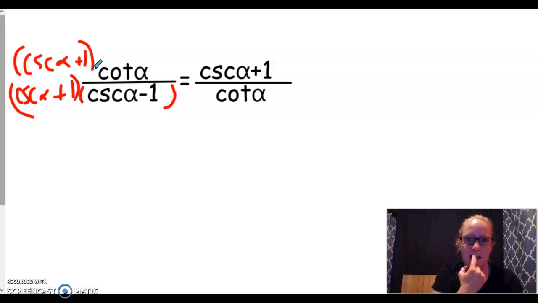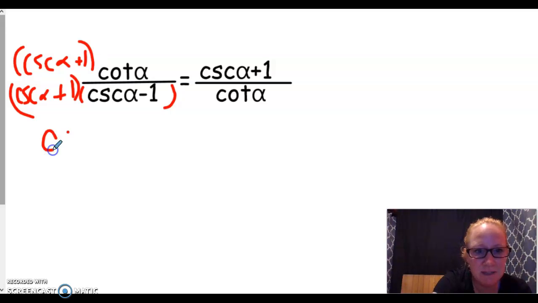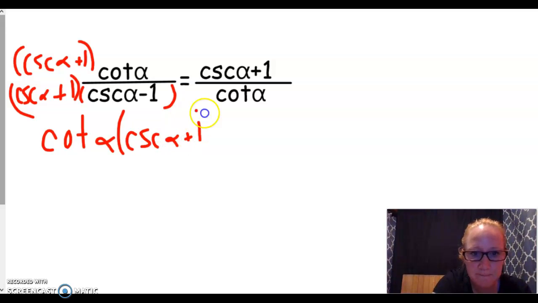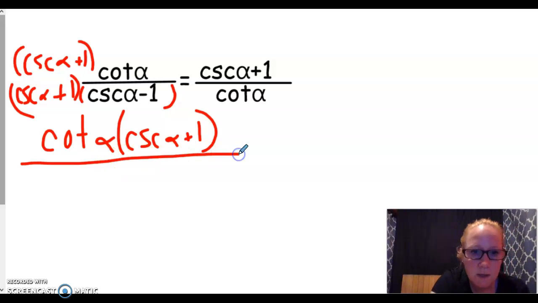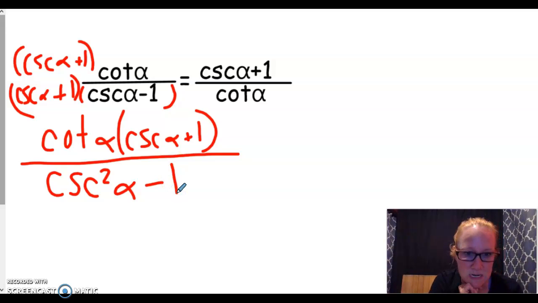All right, so when I do that, then on the top, I'm going to say cotangent alpha times cosecant alpha plus 1, all over. Okay, so that's going to give me, because it's a difference of squares, the goal of multiplying by the conjugate is getting rid of the middle piece. So that's going to give me cosecant squared alpha minus 1.